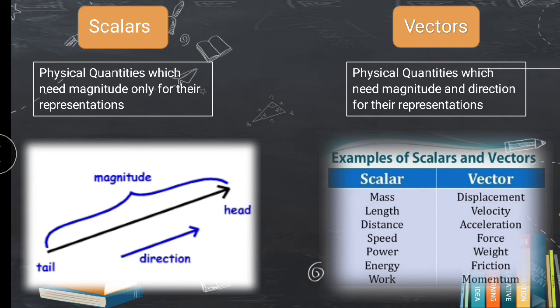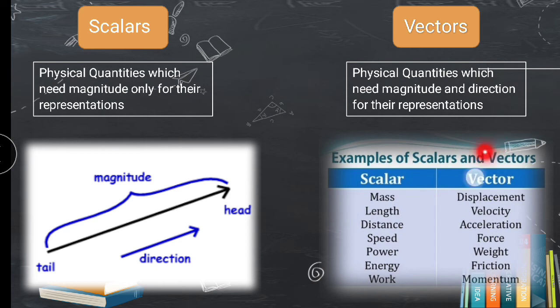And after that you will tell me an amount, suppose the bench has a length equal to 40 centimeters, right? That 40 centimeters is nothing but the magnitude, right? So in this case we only need the magnitude, so that is nothing but a scalar.